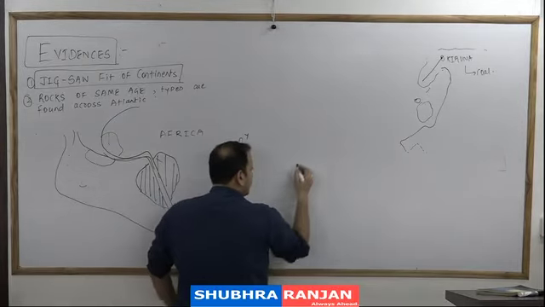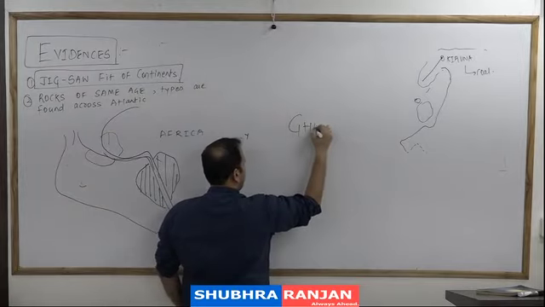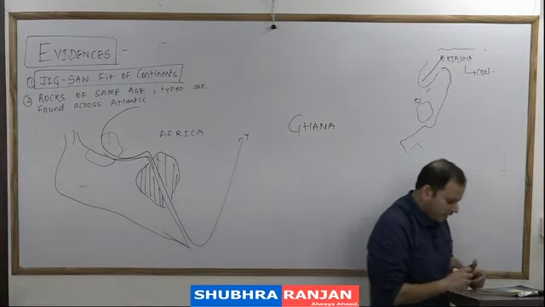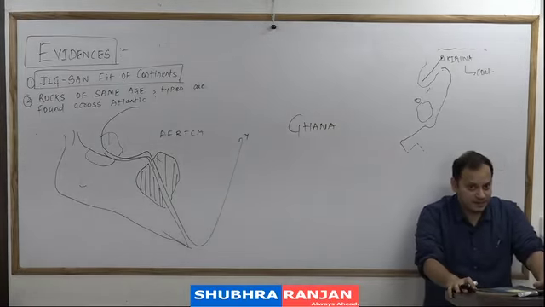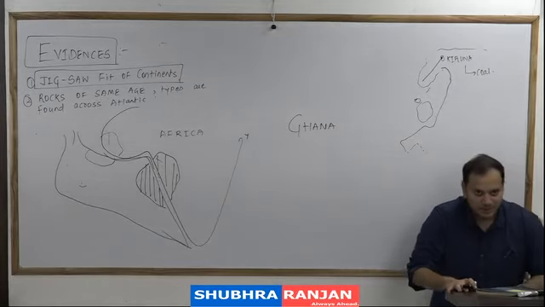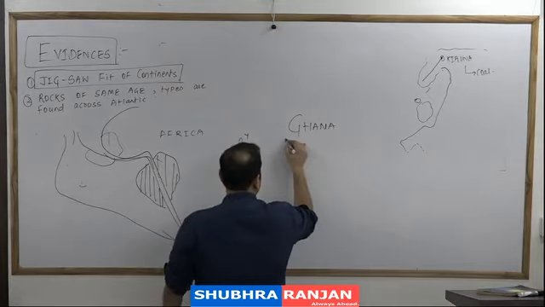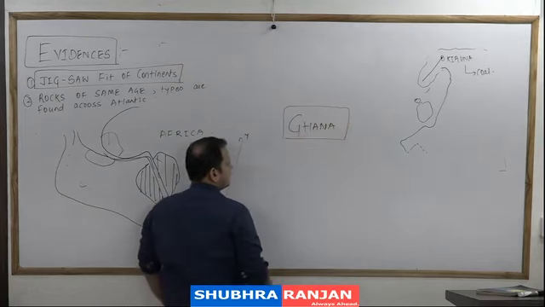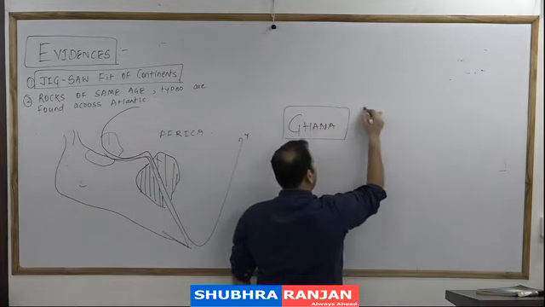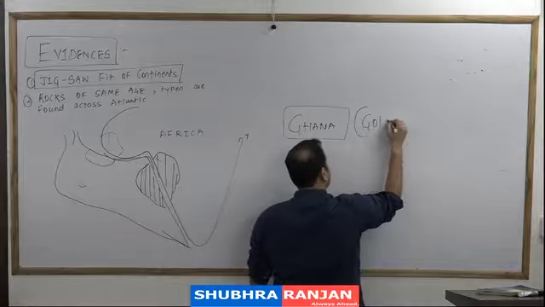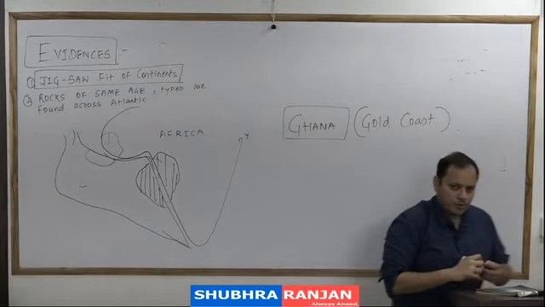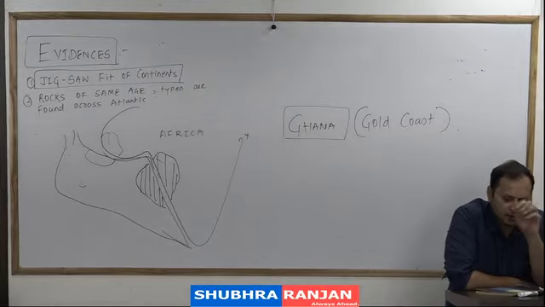There are huge gold deposits in Western Africa, especially Ghana. What is the old name of Ghana? Gold Coast. The old name of Ghana is Gold Coast.